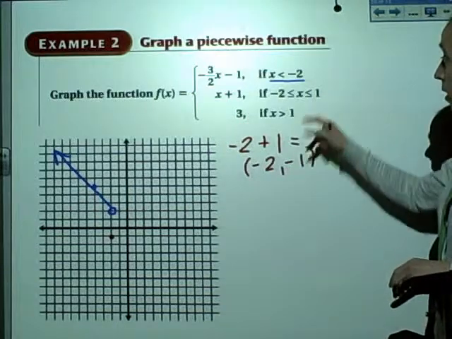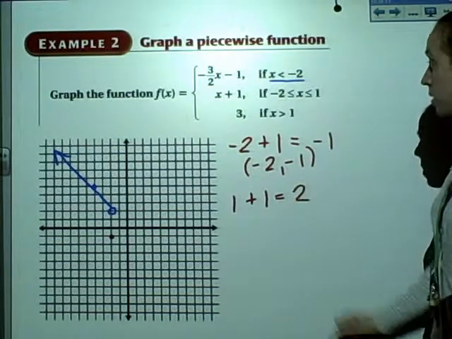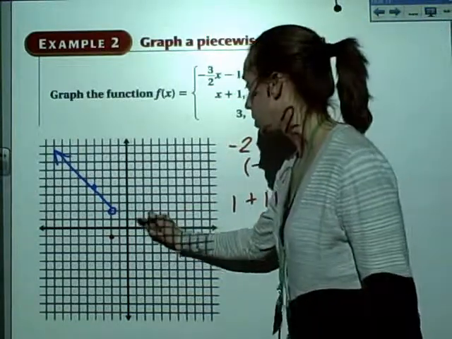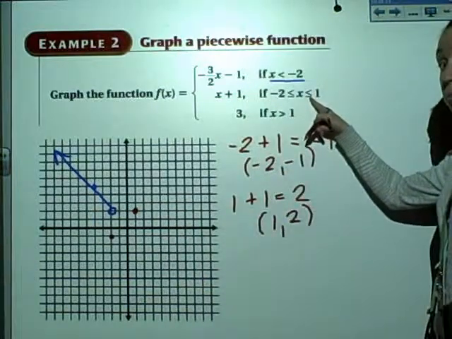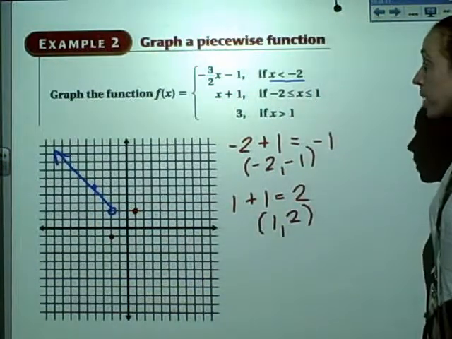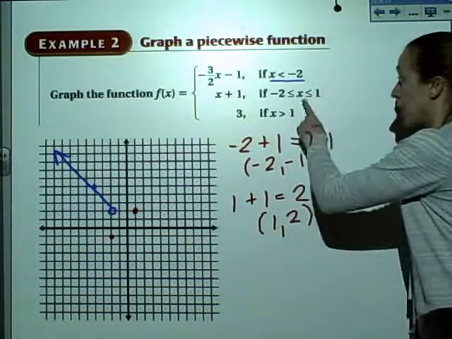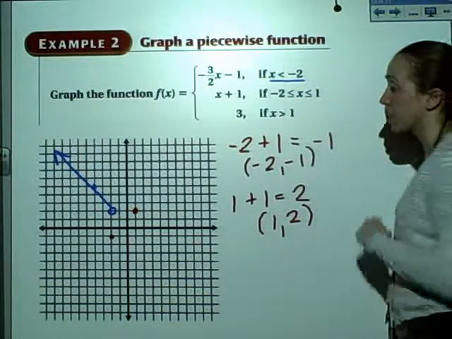Now we're going to plug in the other endpoint. We're going to plug in 1. 1 plus 1 is 2. So my next point is 1, 2. And again, another closed dot because it's an equal to symbol. Now the last thing to do is to look for what this domain is saying. X is bigger than or equal to negative 2.